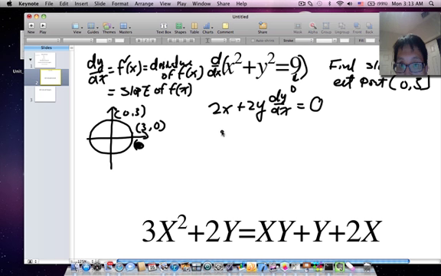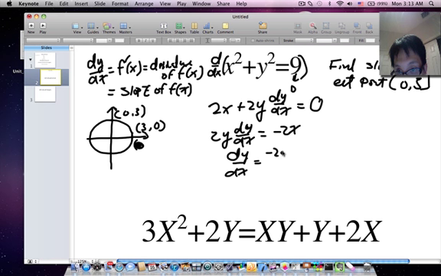So 2y dy/dx equals minus 2x, so dy/dx equals minus 2x over positive 2y. In this case it is minus x over y.